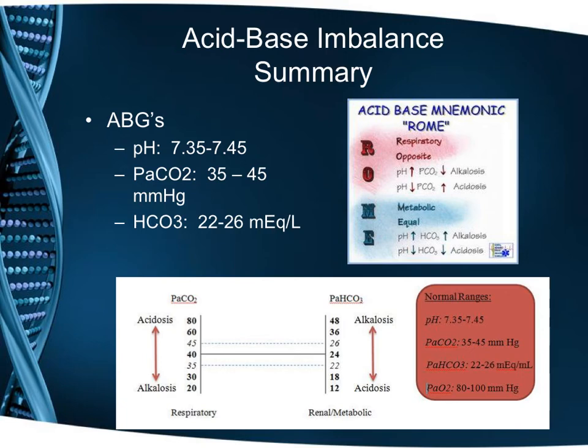R for respiratory, O for opposite, M for metabolic, E for equal. So for metabolic equal, if the pH is increased and the bicarb is increased, that is alkalosis. And if the pH is decreased and the bicarb is decreased, that is acidosis. Another thing to keep in mind is the HCO3 or bicarbonate is a weak base.